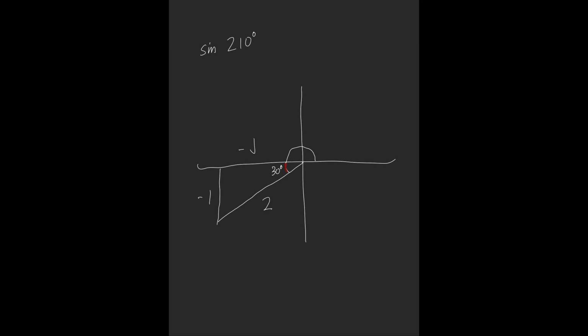We know that the hypotenuse, always positive, is going to be 2. And we know that the adjacent is going to be negative root 3. Solving for sine of 30 in the third quadrant, we get opposite over hypotenuse, which is simply -1 over 2. So the sine of 210 degrees is -1 over 2.